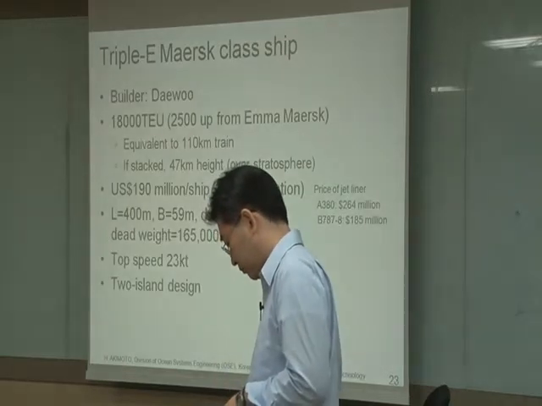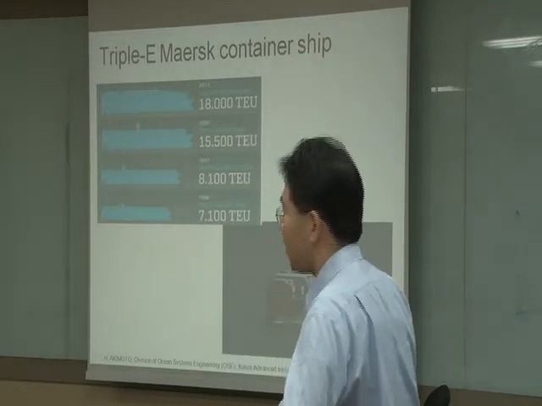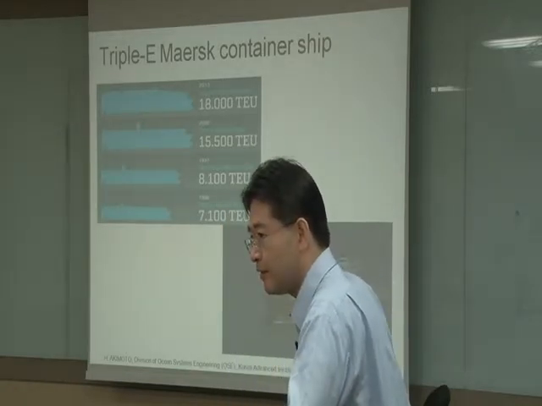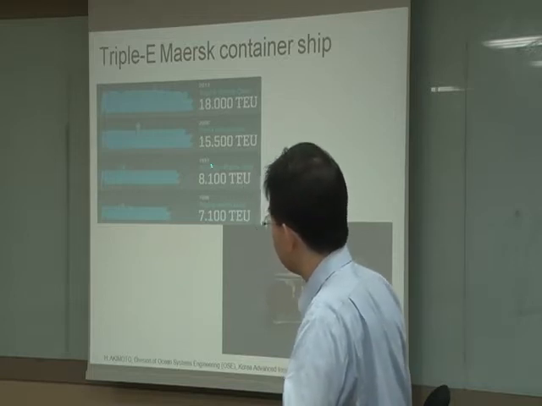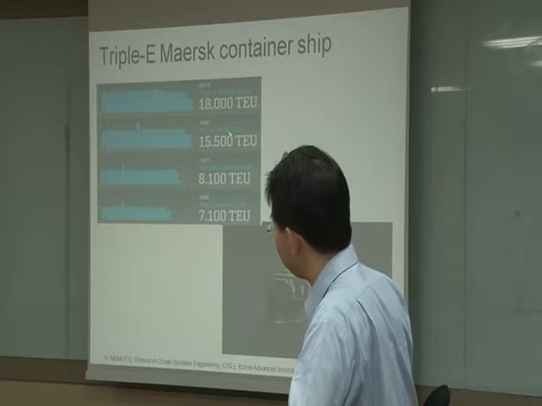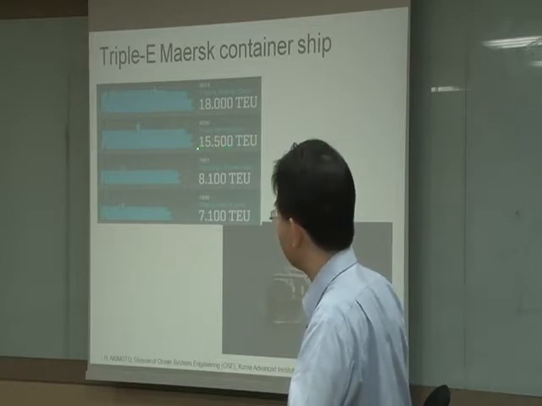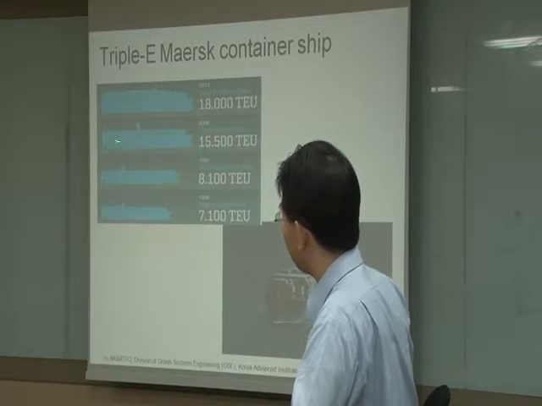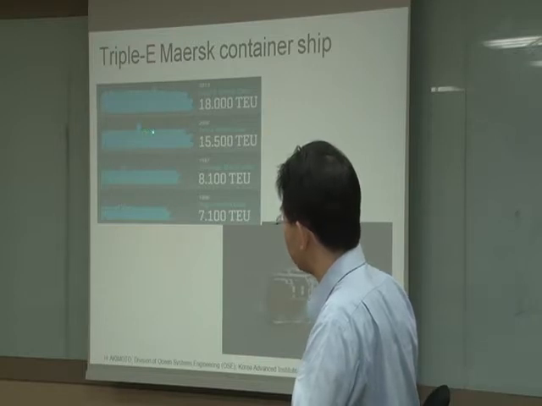This Triple E will have a higher draft than the previous ones, at 18,000 TEU, against the present largest one. But as the length is the same, the Triple E will need a higher draft.